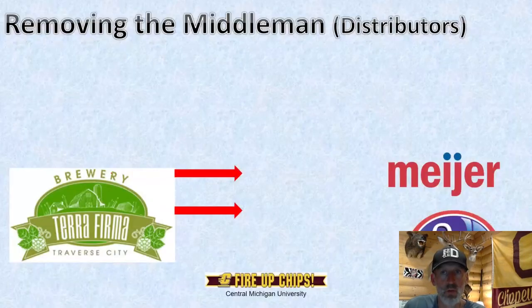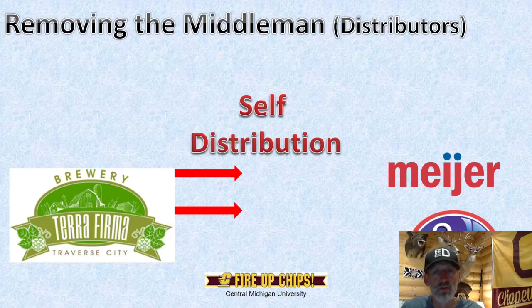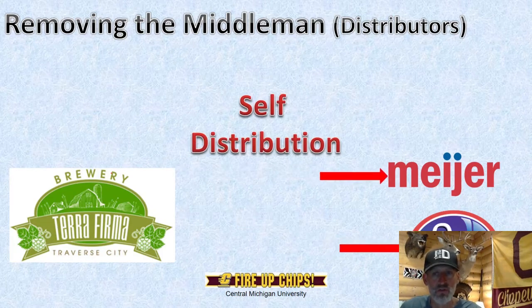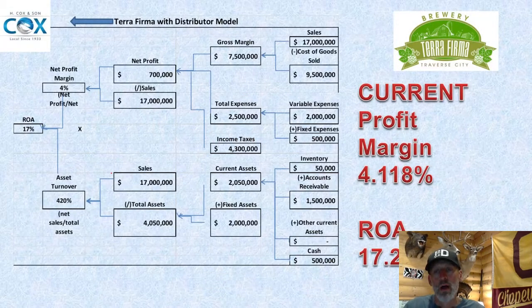So they're going to remove the middleman, as I just did there, and distribute directly. Terra Firma will distribute directly to Meijer and Kroger, eliminating the need for H. Cox & Son.